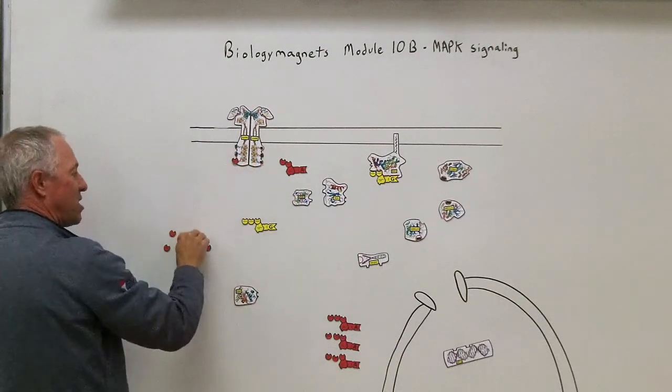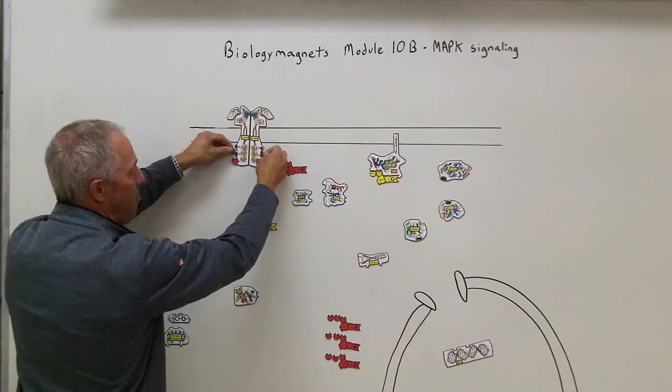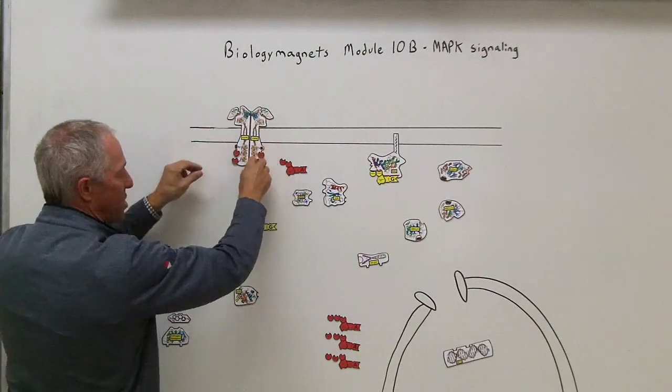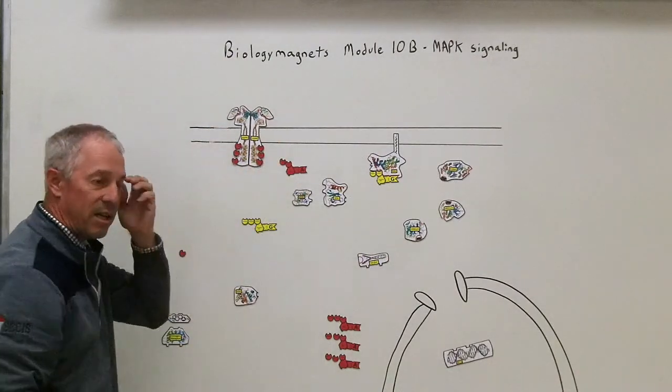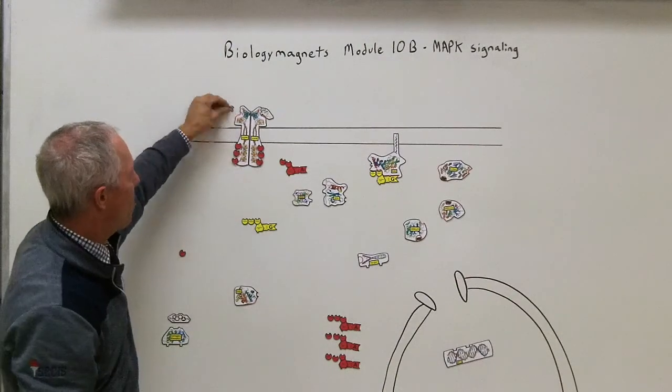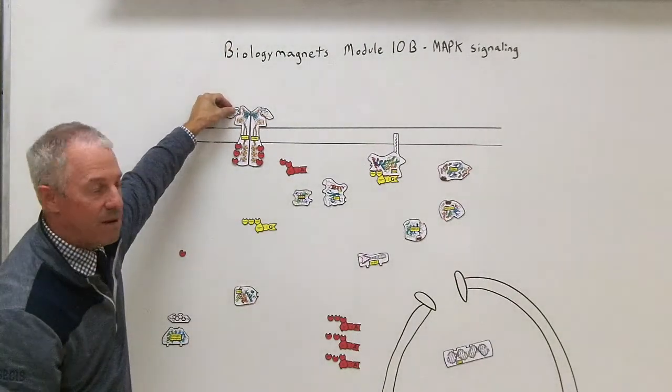And that happens on this side too. Some or all of these tyrosine residues can end up phosphorylated. And that happens once these epidermal growth factors are received.